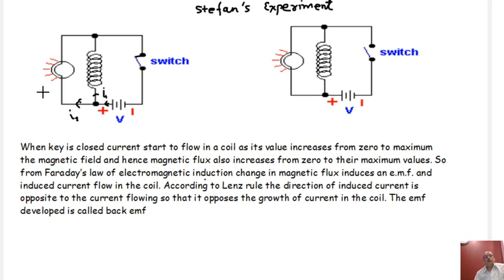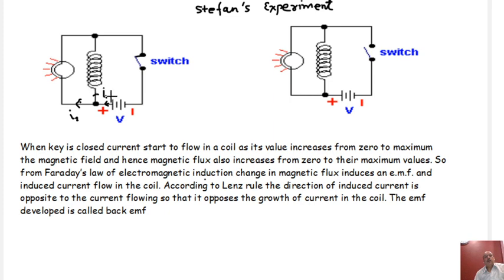What happens here? As we switch on, the current will start from minimum level to maximum level, from 0 to the maximum value. So the current through the coil will also change from 0 to maximum.